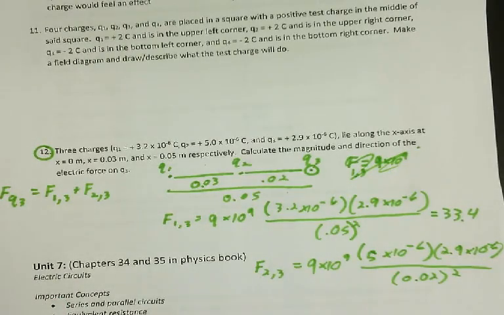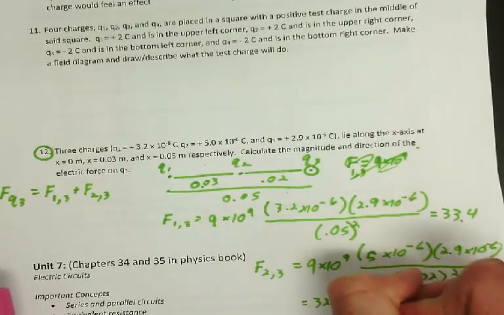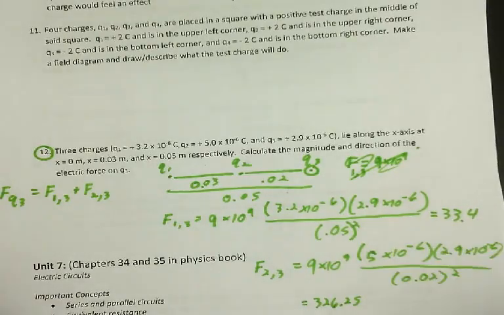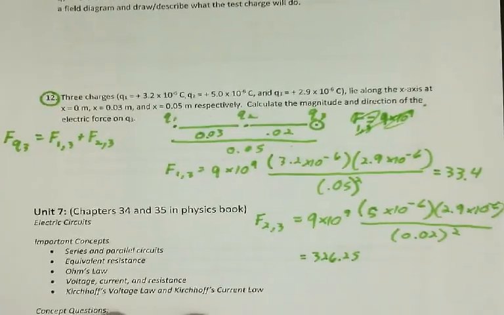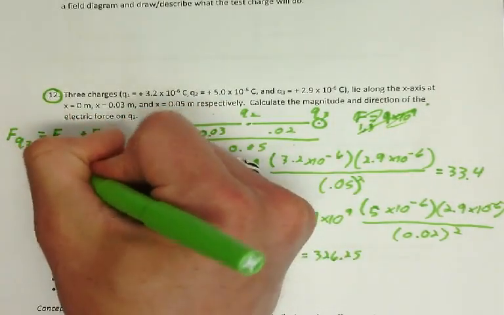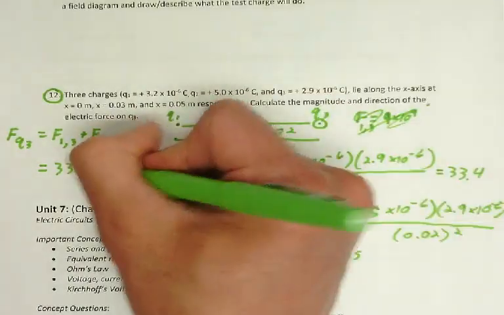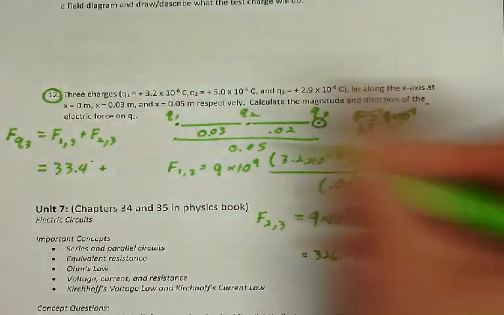If you solve this one, you get 326.25. Okay, so there's our two forces. All right, so we're just going to add them together. 33.4 plus 326.25.